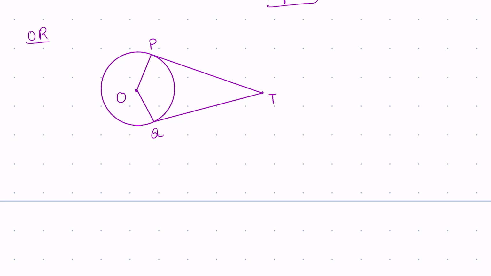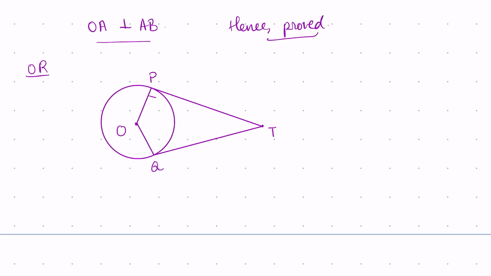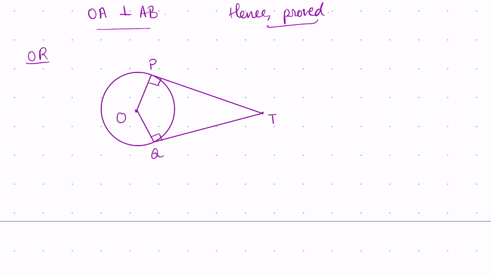Using the result above, this has to be perpendicular, and this also has to be perpendicular. So to prove: angle PTQ is equal to 2 times angle OPQ.